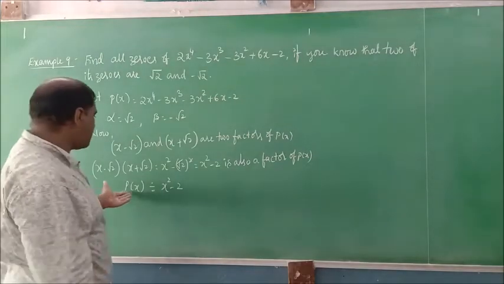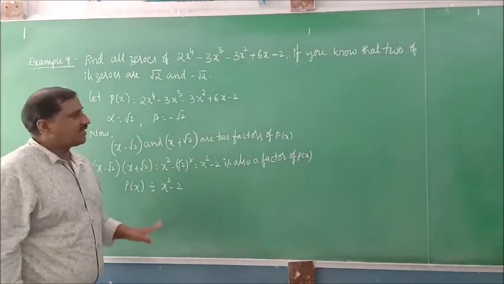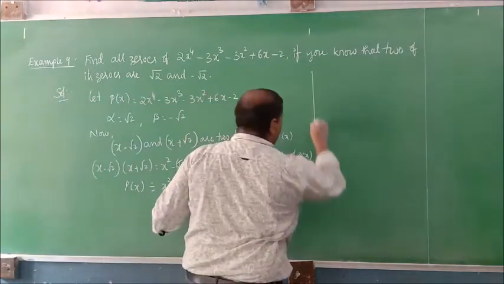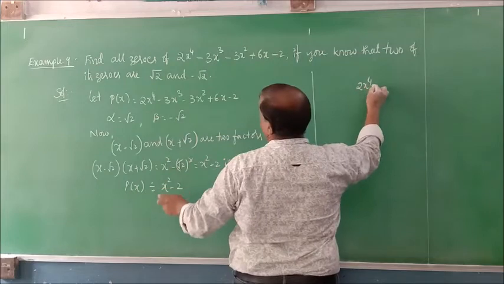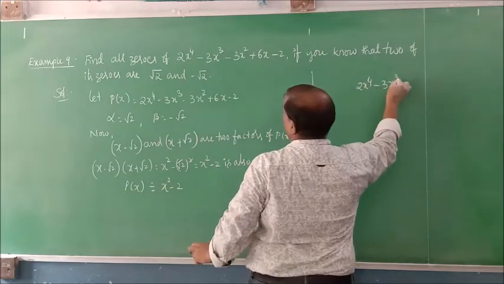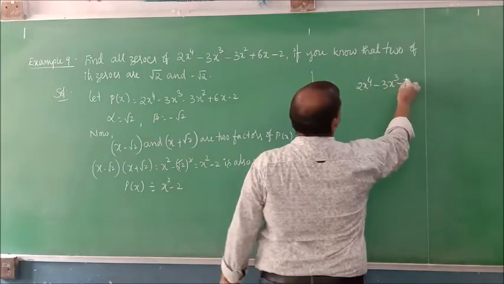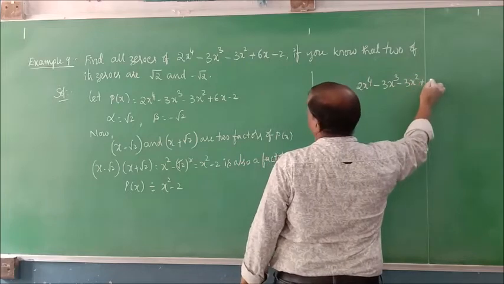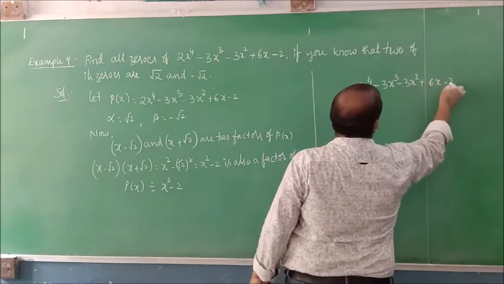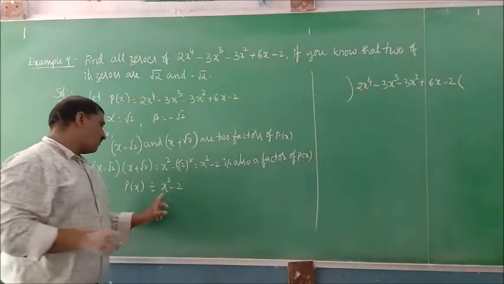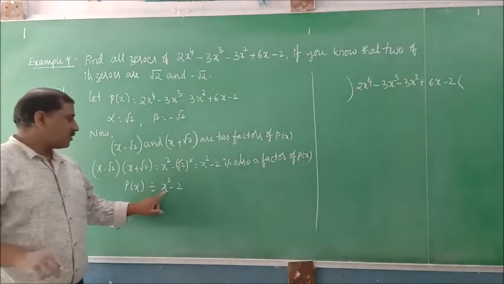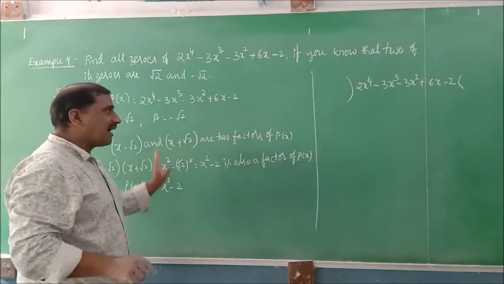Now p of x is divided by x square minus 2. We will do the division here. What is p of x? It is 2x power 4 minus 3x cube minus 3x square plus 6x minus 2. It is divided by x square minus 2. In x square minus 2, the x term is missing.